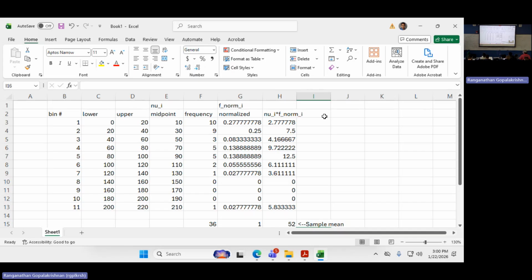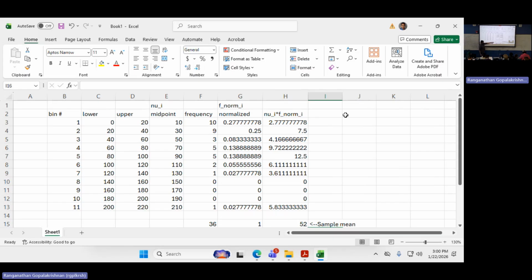That's the formula. I'm going to use Excel to do the calculation, but before I do that, what does this represent? Nu i minus x bar. X bar is 52. When I am computing nu i minus x bar, what is that actually? It's like I'm standing here. This x bar is 52.